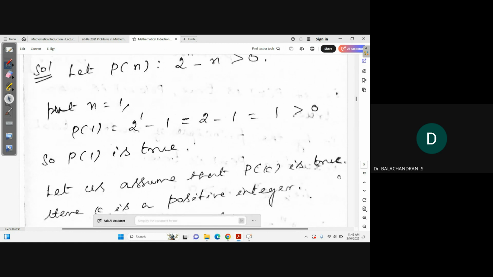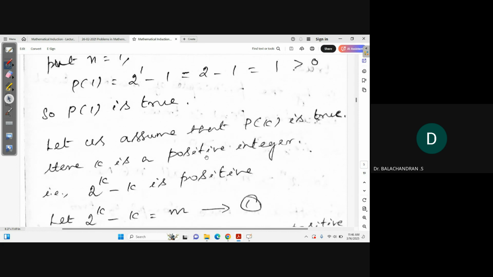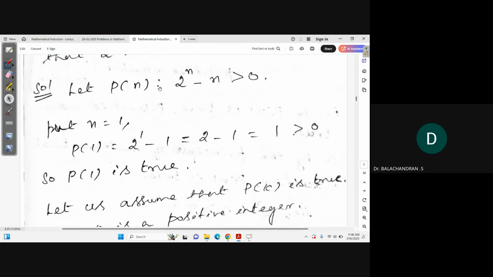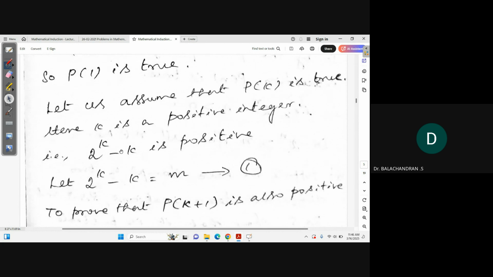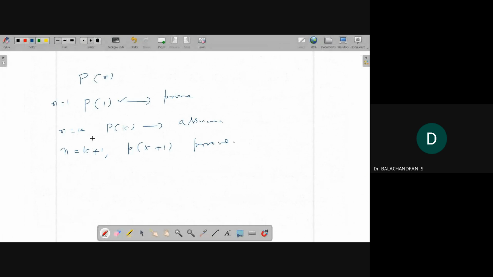Here k is a positive integer. P of k true means 2 power k minus k is greater than 0, or you can write it is positive. Both of them are the same. So I'll take 2 power k minus k equal to m, where m is greater than 0 and k is greater than 0.